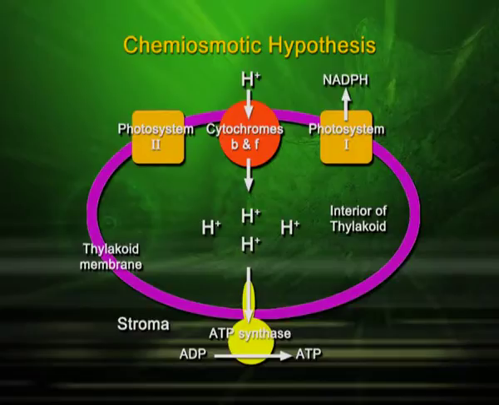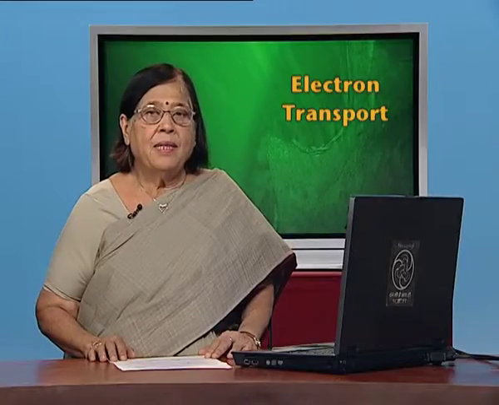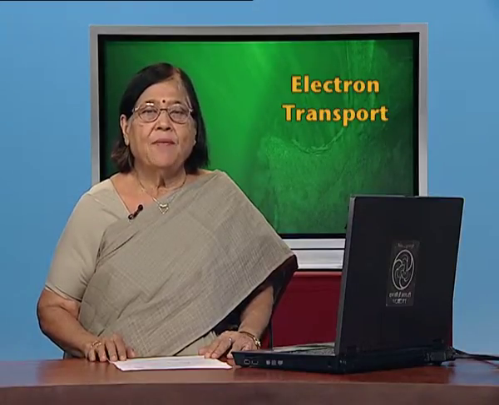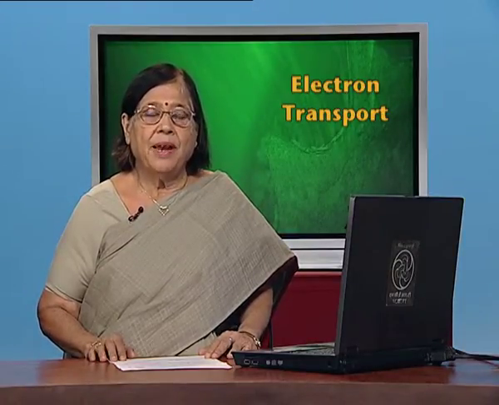Now, they are moving from photosystem 2 to photosystem 1, which you can see in this diagram, and finally ATP synthetase is helping ADP to be converted to ATP. Naturally, the electrons are used and they are produced again by splitting of water. Now, in this case the proton pump is producing protons which are making the proton gradient.